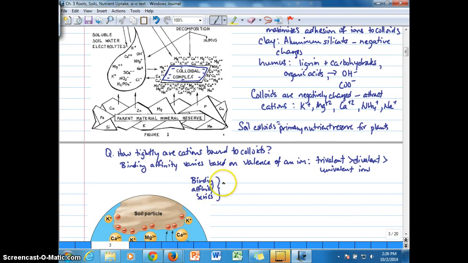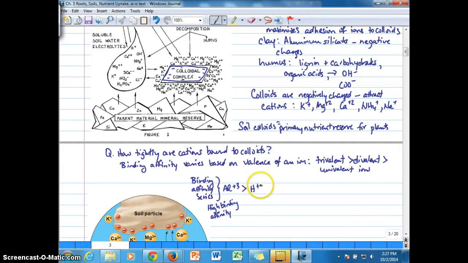So the binding affinity series goes such that here we have aluminum, which is a trivalent ion. It has a higher binding affinity, so this is the high binding affinity end of the series. It has a higher binding affinity than hydrogen ions, which is one of these other kinds of ions we'll have to talk about a little bit more since it affects pH, and it interacts with negatively charged ions in such a way to either increase or decrease pH.